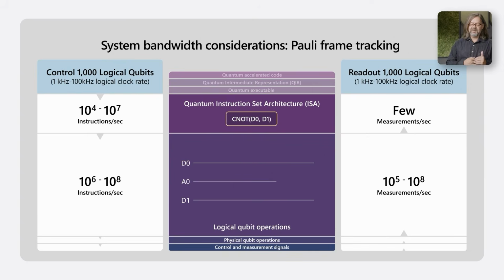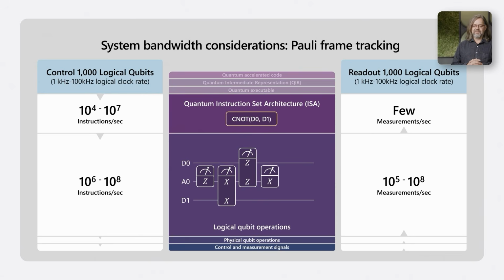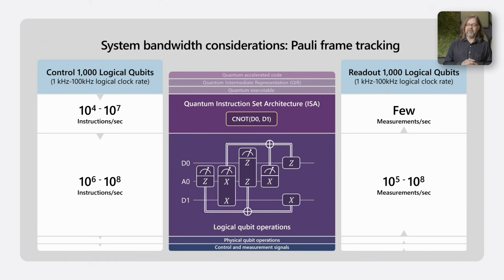I start with the Z measurement on the ancilla, then an XX measurement, a ZZ joint measurement, and then one more X measurement on the ancilla. The measurement results of those 4 measurements are XORed and then used to potentially apply the Z Pauli gate on one qubit and the X Pauli gate on the other qubit.